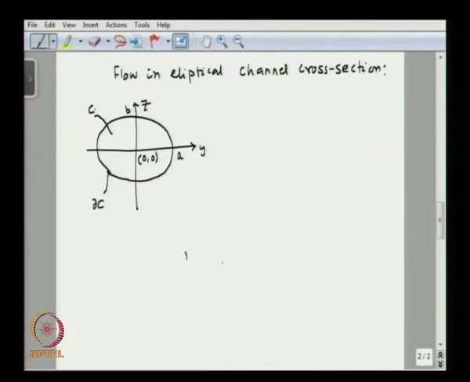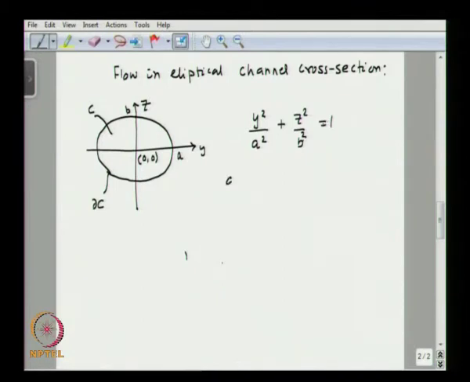Okay, so we can write the equation of ellipse which is x square over a square plus, in this case we are using y and z. So, y square over a square plus z square over b square equal to 1.